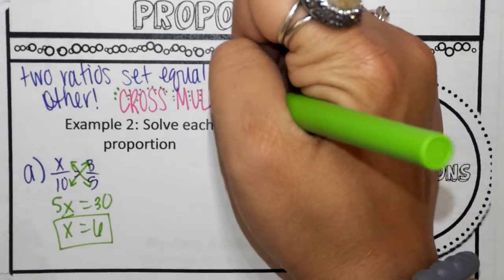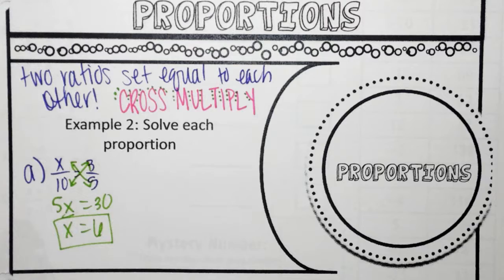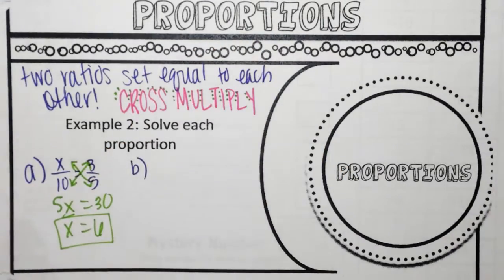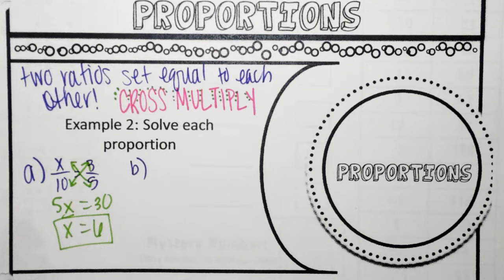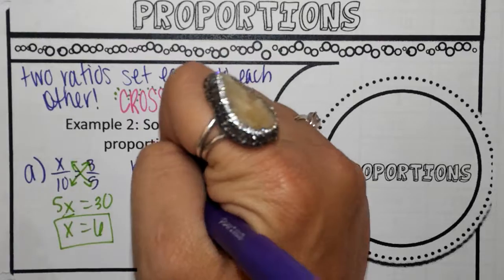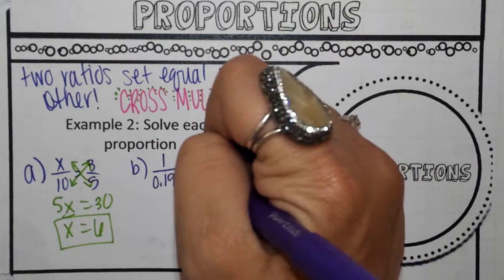Would you like to try one like that without me? B as in potato. Let's go crazy. 1 divided by 0.19 equals 12 divided by n.